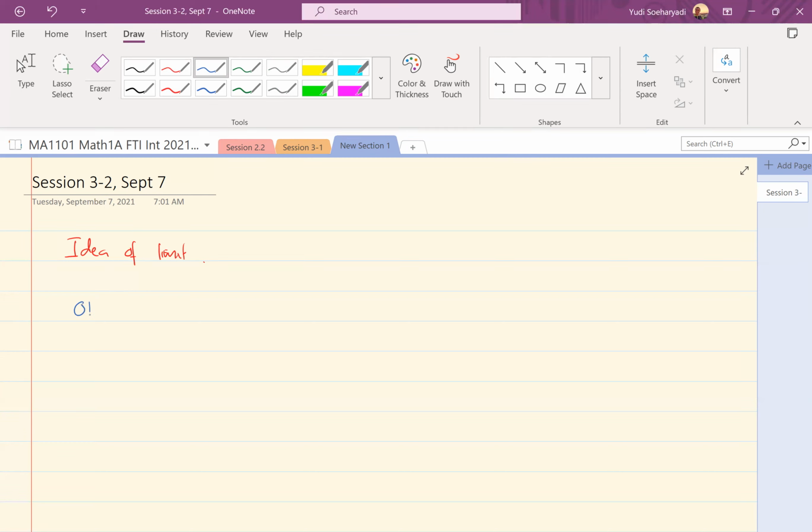First, observe two functions. Say the first is just x plus 1. Okay. And the domain is the whole thing, right? Natural domain. And the second one, let me put this one here.